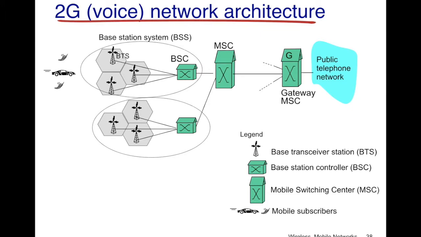These base transceiver stations were connected to something called a base station controller, which controlled all of them. Behind the base station controller was the MSC, or the mobile switching center, which was responsible for managing and handling calls. Behind the MSC was the gateway MSC, which connected a bunch of these mobile switching centers. And then the gateway MSC was connected to the greater public telephone network.